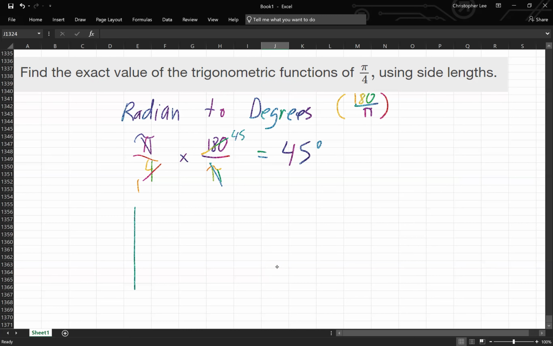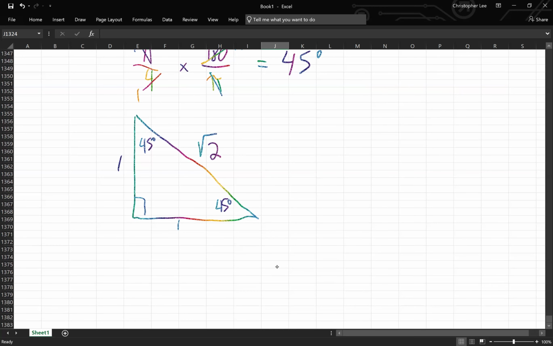That being said, I can draw my special right triangle now. This is going to be a 45, 45 degree triangle where my legs are 1, 1, radical 2. And they want to know everything. So we want to know what is sine of 45, which is the same thing as sine of pi over 4.